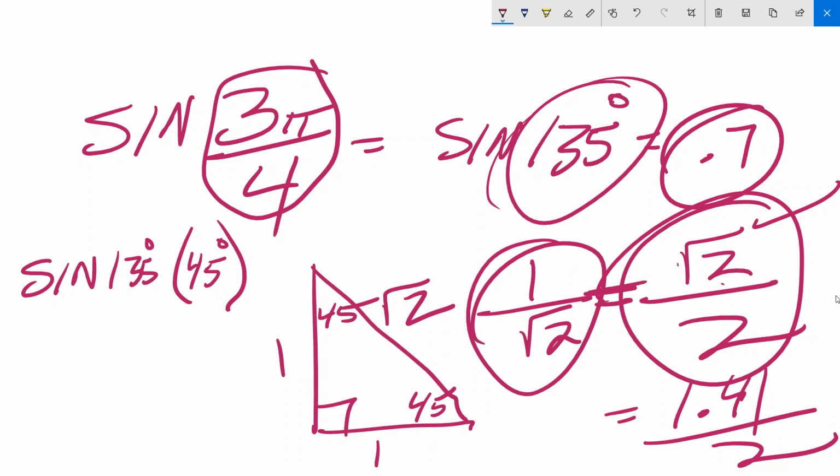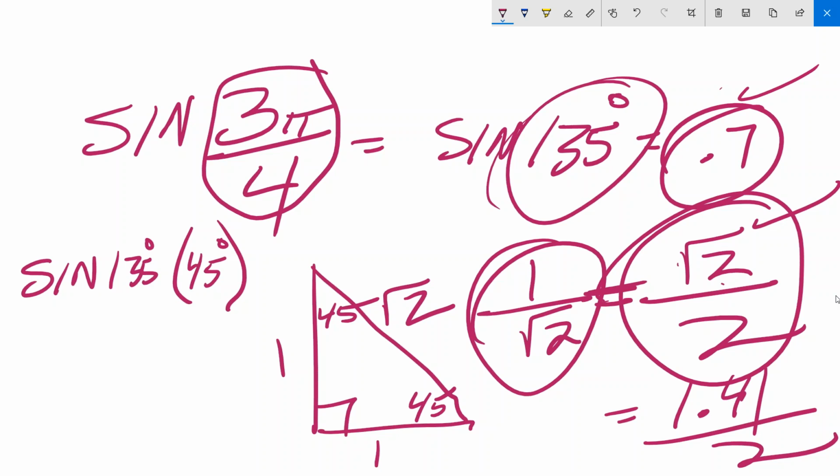But it's important to realize that your calculator is rounding it off, always. Your calculator doesn't have the ability, I don't think it does, to give you root 2 over 2 or 1 over root 2, either of which is satisfactory as an exact answer. 0.7 is rounded off.